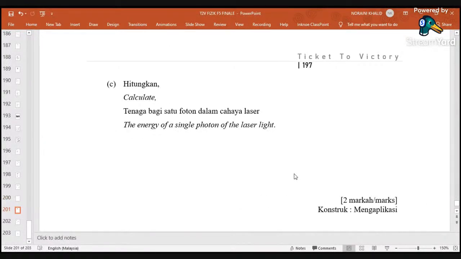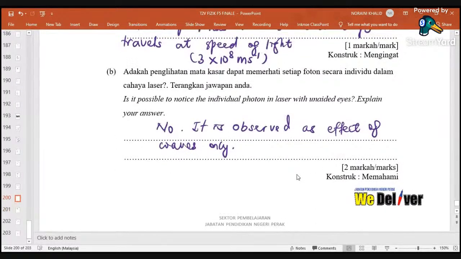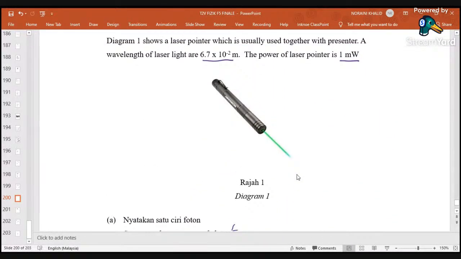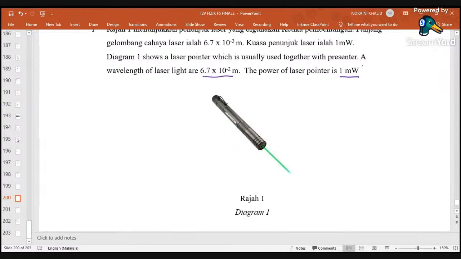Okay, part C, calculate the energy of a photon of a laser light. Same formula. Given is lambda. Look at the question again. The wavelength is given, the power is given.